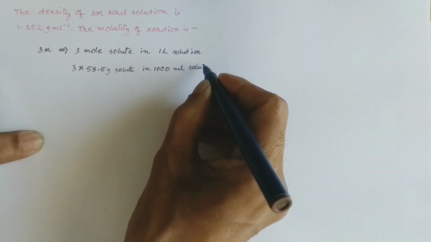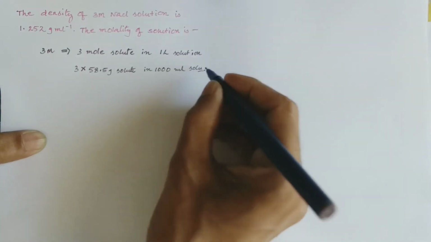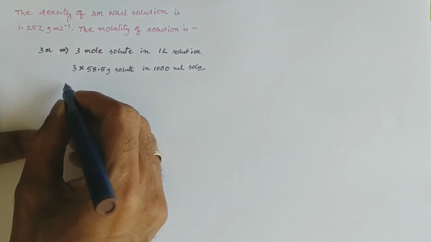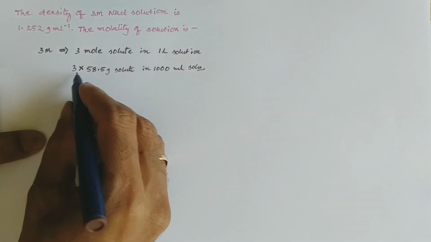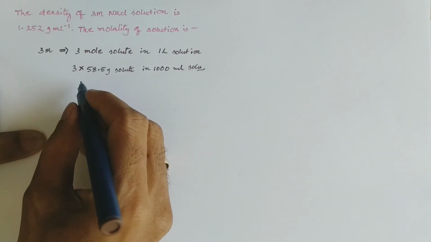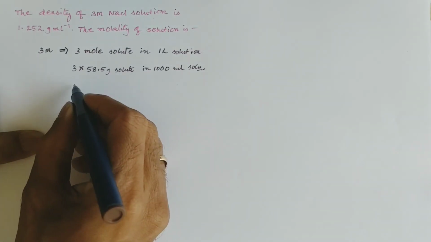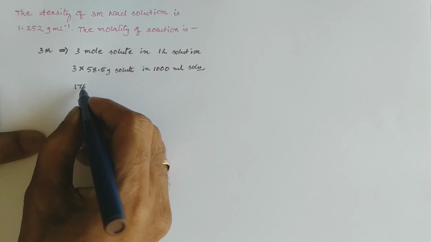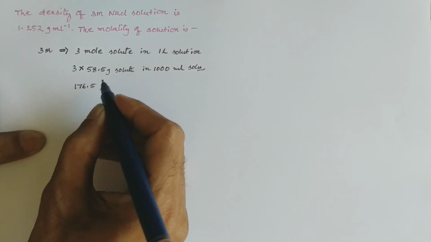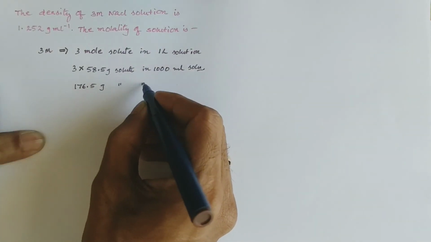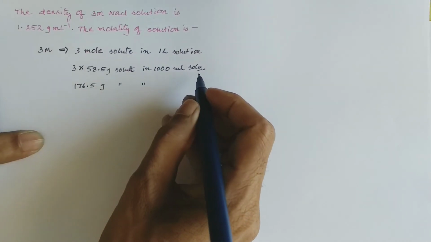So 3 into 58.5 is equal to 176.5 gram of solute present in 1000 milliliter solution.